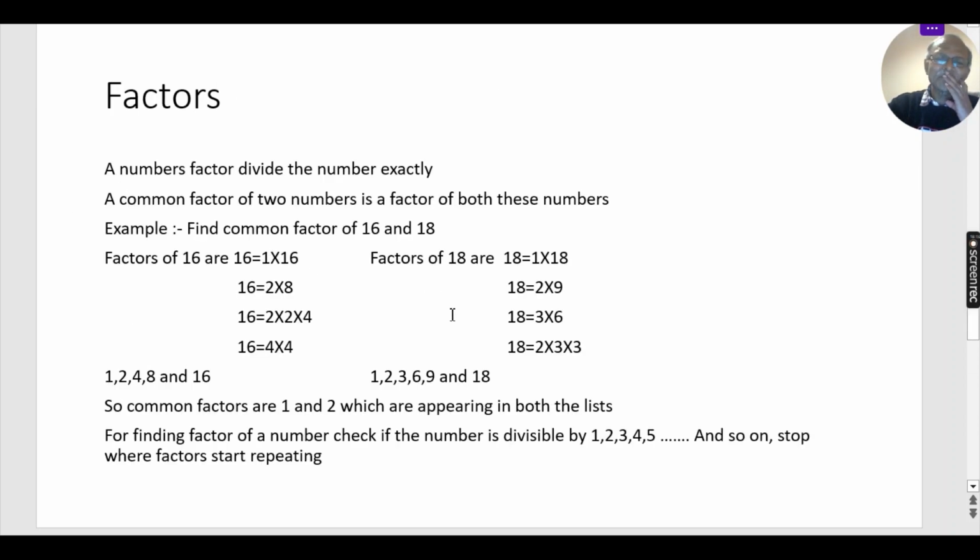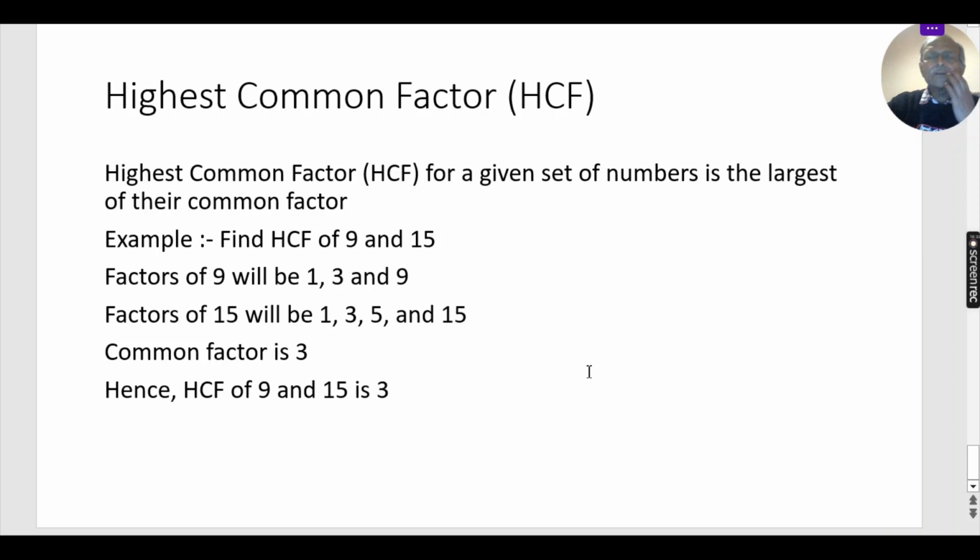So this is the factor and the common factor. How did we find it? We factorized it, I mean, divided the given numbers. I hope you remember now. Now we move to the HCF. For finding the highest common factor, I mean the biggest number which appears in the lists of factors of the given numbers.